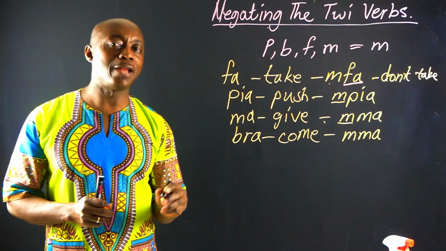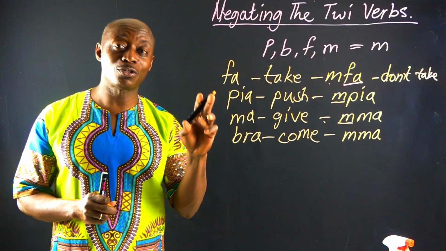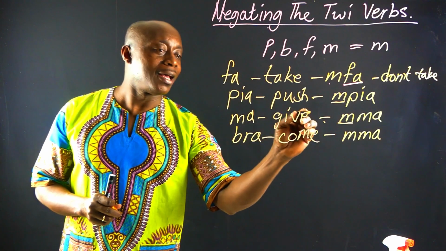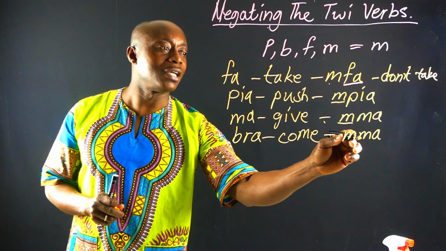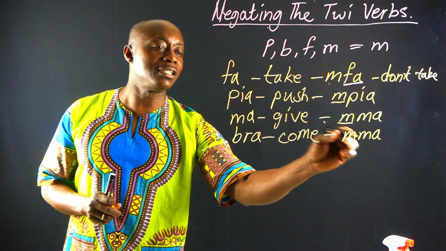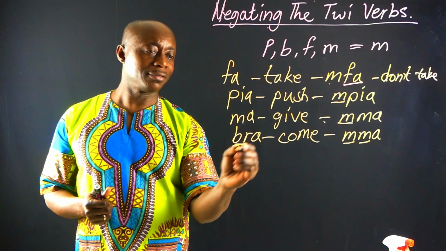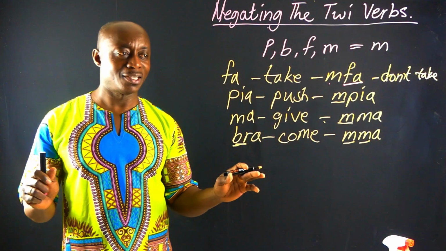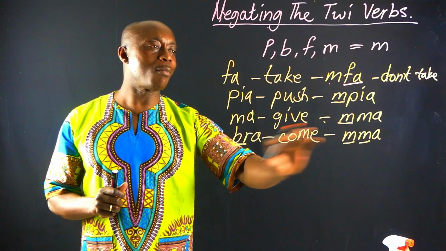M, and it will be what? Mbra. But because of vowel harmony, the B went away and we had what? M, replacing the B. And this B and then R vanished. And we had what? Mma.